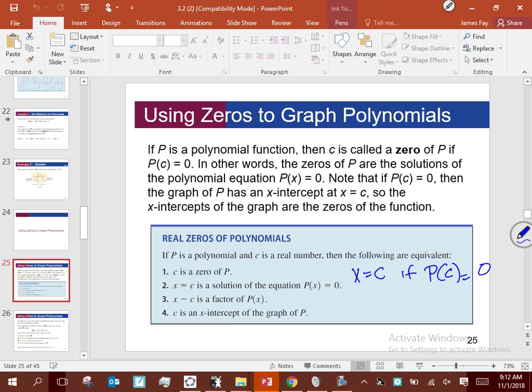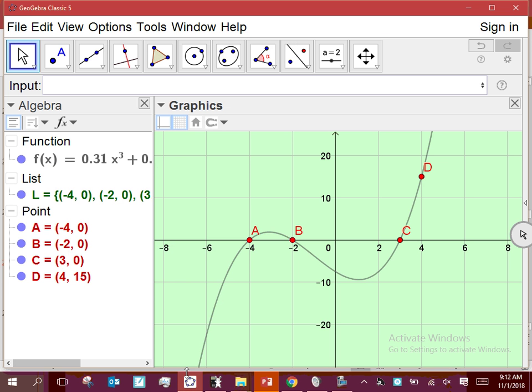Or because it's producing a y value of 0, we call c a zero. Is that all right? Sometimes we call it a root as well. But c is a zero. So here's the idea. I'm just going to jump back and forth between this and a specific example on GeoGebra.